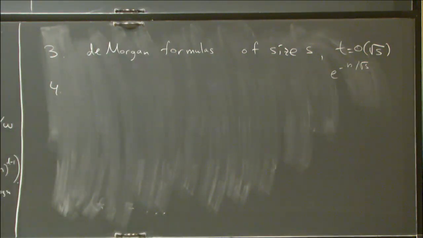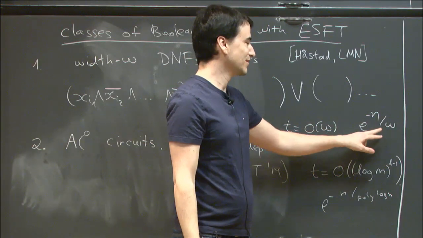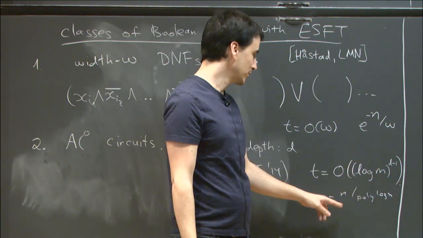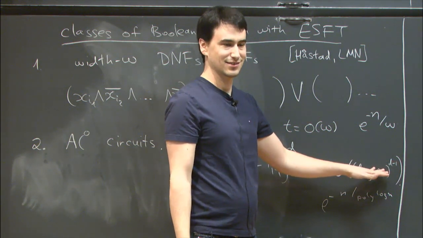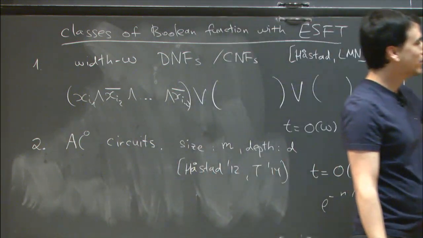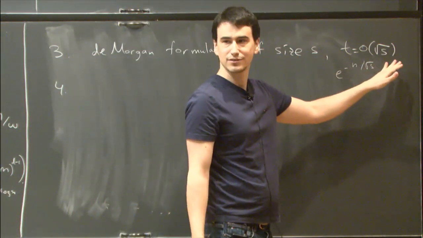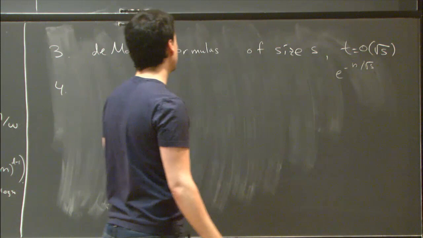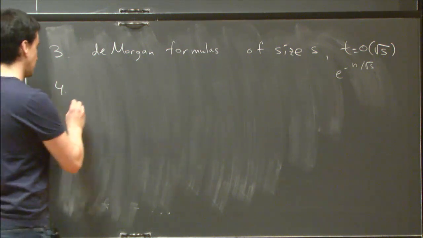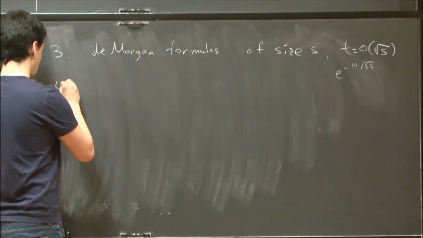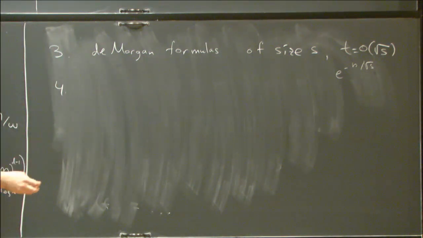But in fact, these are tight because you can compute parity if you add width n, and you can compute parity if log m to the d minus 1 is n, and you can compute parity in size n squared with De Morgan formulas. So these results are tight. And also the fourth result is tight.